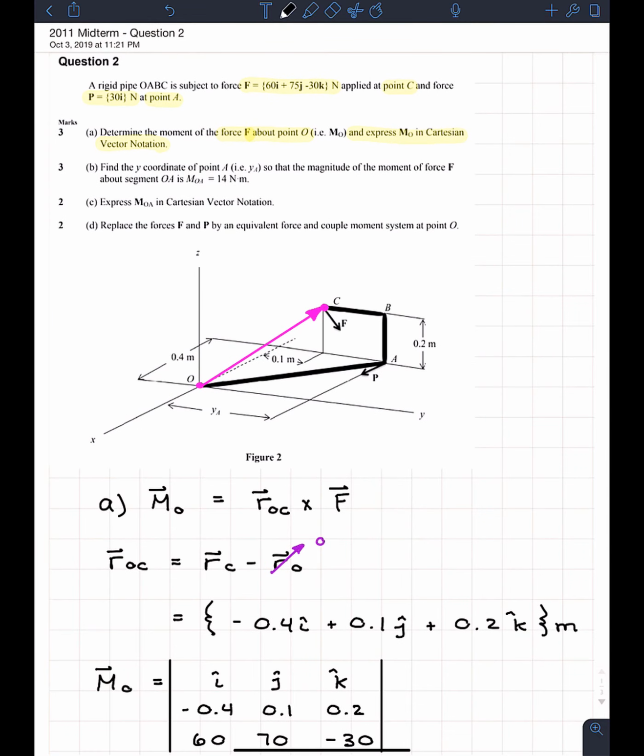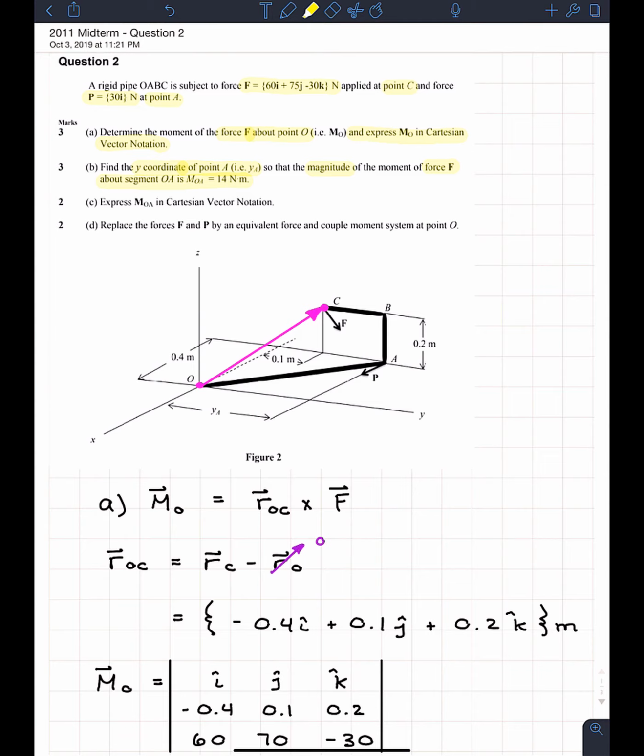Part B says, find the y coordinate of point A so that the magnitude, and magnitude will be important, of the moment of force F about segment OA is equal to this. What it's asking for, and it's kind of hidden here, is basically a projection.